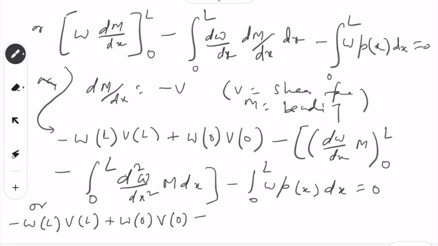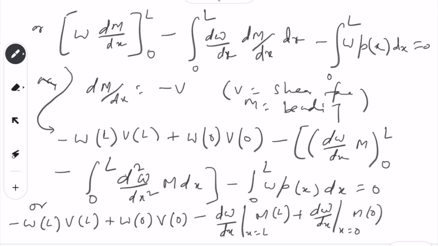So, minus we say dw over dx at x equal to L times m at L plus dw over dx at x equal to 0 m at 0, that we get. Okay. Then we have this minus plus. So, we get plus here, okay, plus. So, just write here plus.